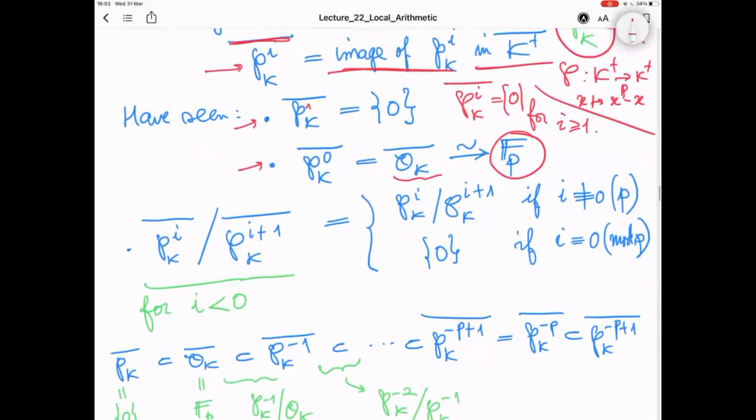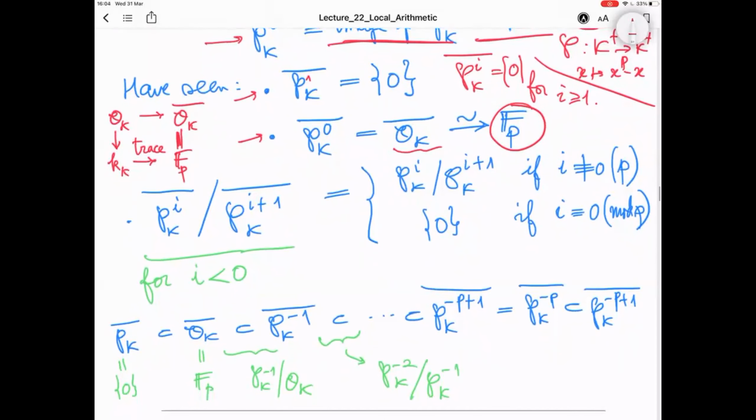And that natural generator comes from the following: O_K goes to O_K bar on the one hand. It also goes to K, and from K there's this trace map to FP, and in fact these two can be identified.